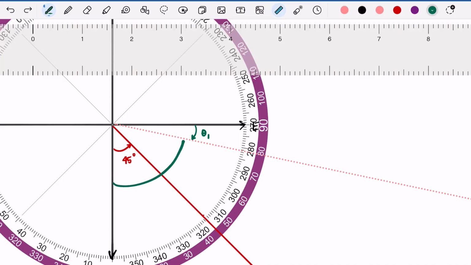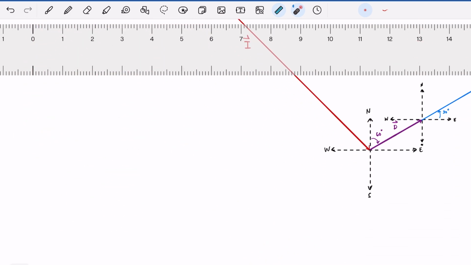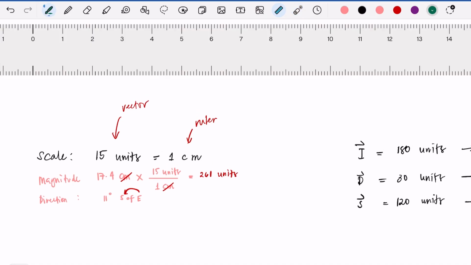This one right here is my theta 2, and as you can see, it's 0, 10, 20, 40, 50, 60, 70, this is 75, 76, 77, 78, 79 degrees. So it could also be reported as 79 degrees east of south, since I started from south going east.